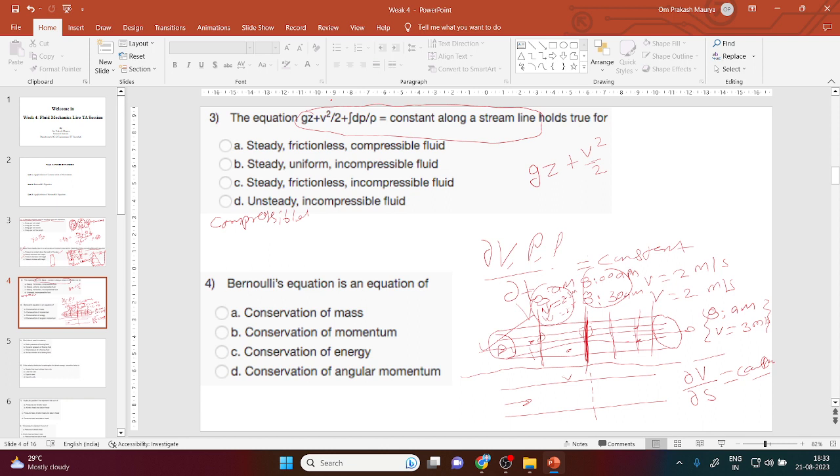Compressible flow means your density is not constant, right? And in the incompressible flow, your density is constant. So here what is given is the integration of dp by rho.